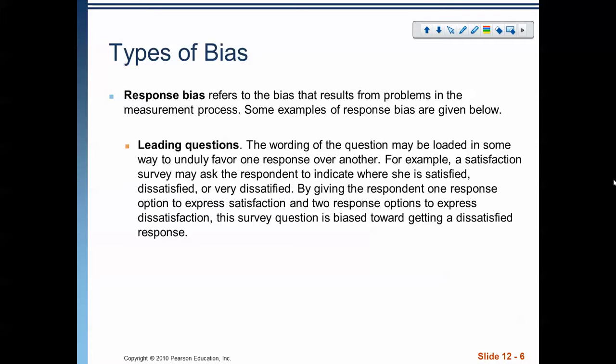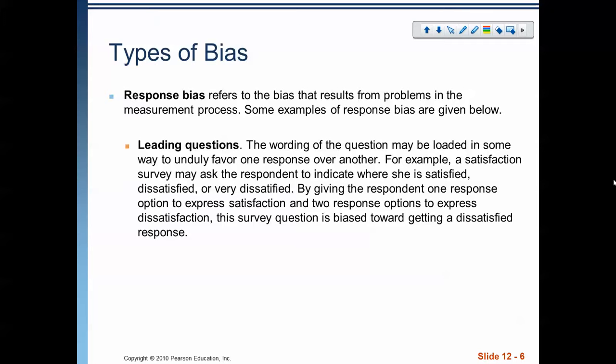Again, for example, I go to a restaurant, and have you guys ever seen a little piece of paper in the center, like, rate us? How did we do? That kind of thing. If on those little slips of paper it's like, did we do great? Did we do fantastic?